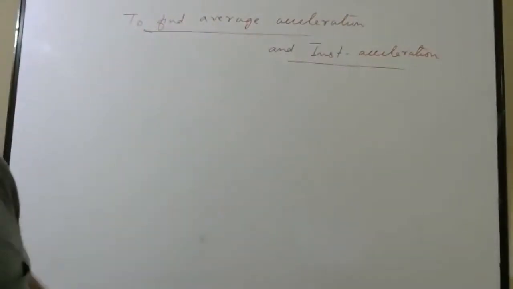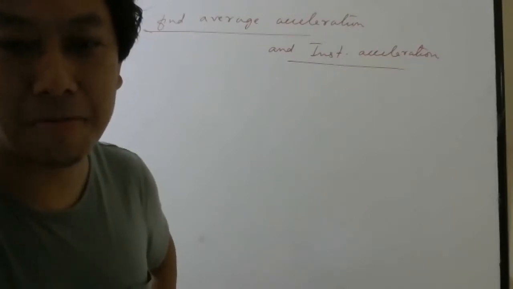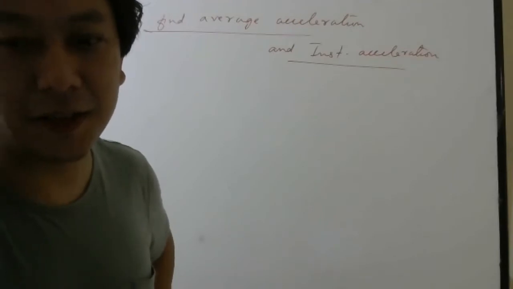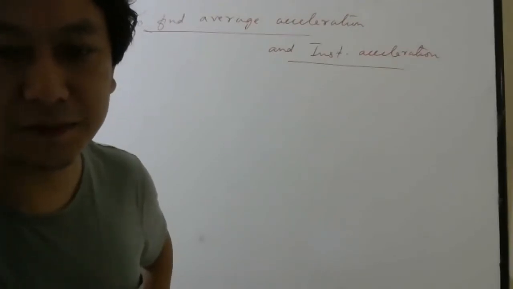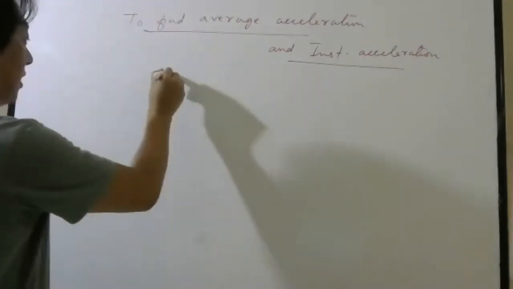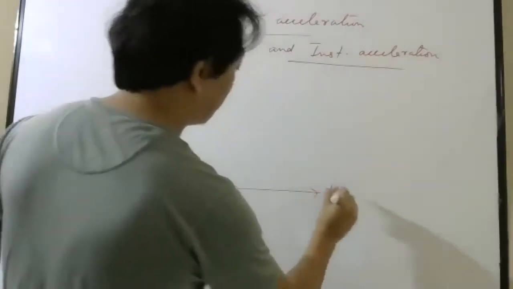Channa, for this what graph should they give? What graph should be given now to calculate acceleration from the slope? Now they should give a VT graph. Super, Channa. So now they have to give you a velocity time graph.